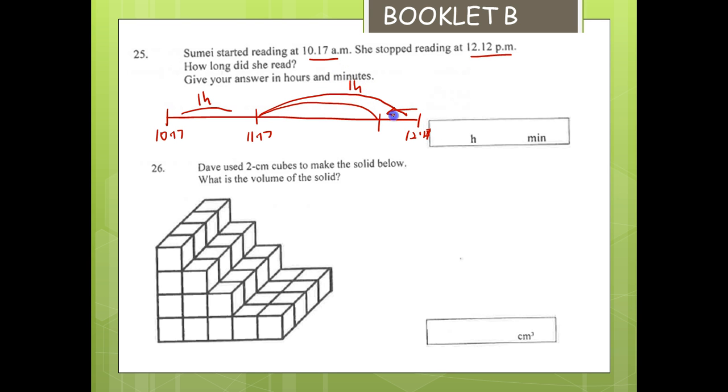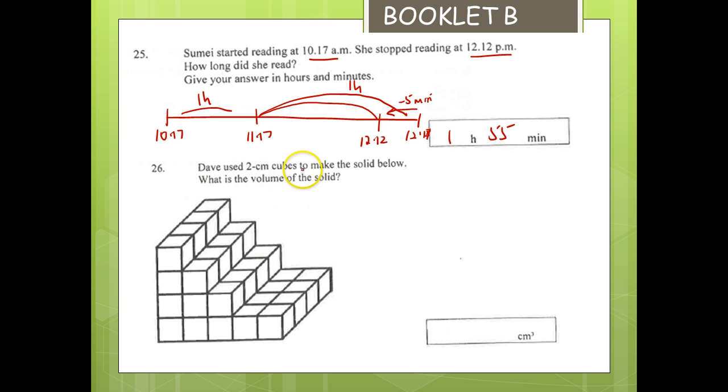But I work backwards. It's 12:10, so I minus 5 minutes. 17 minus 12 is 5 minutes. So it's 1 hour and 55 minutes.